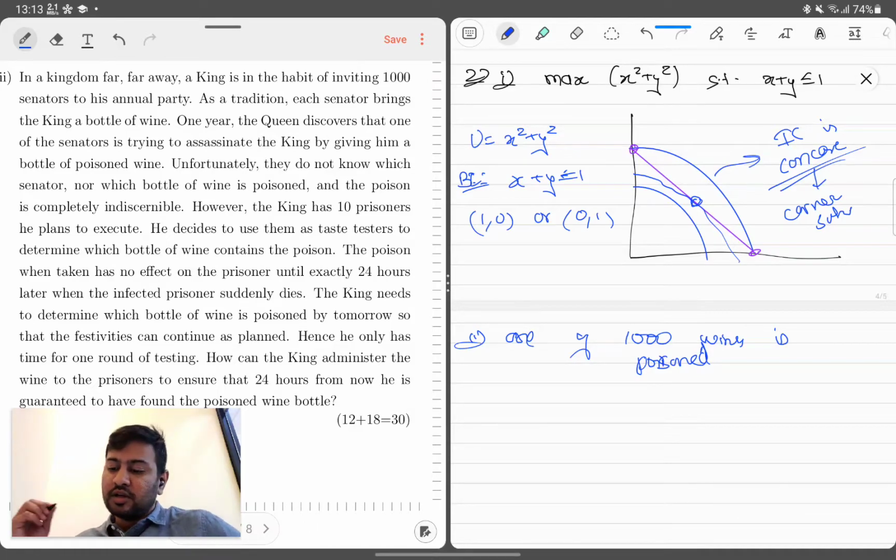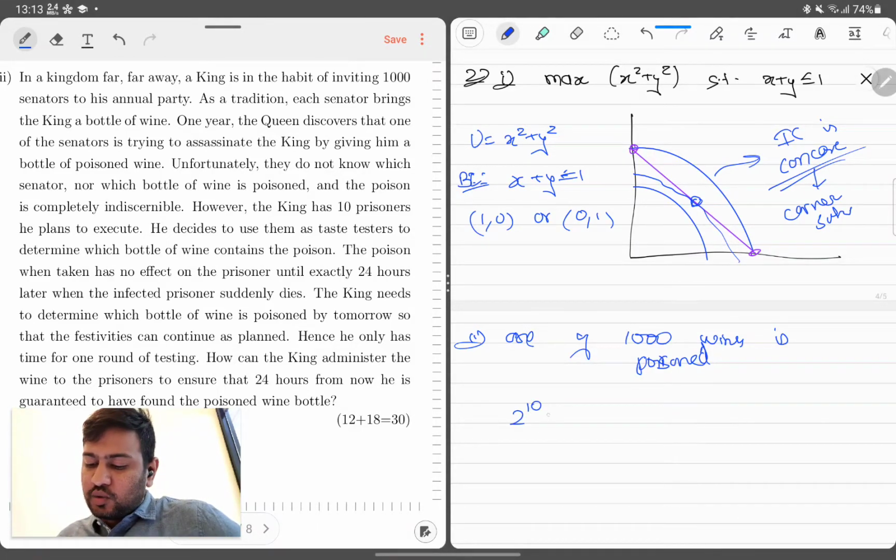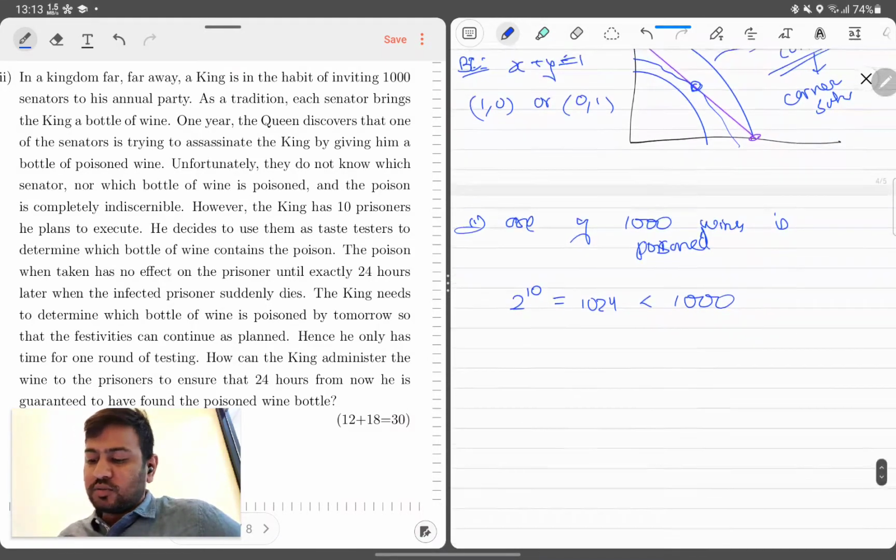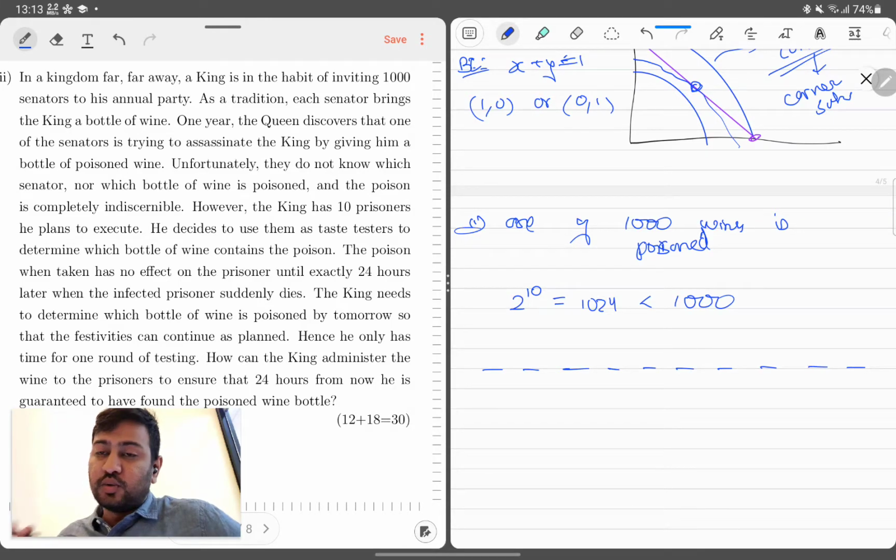So what he wants is some sort of mechanism in which he can figure out which wine is poisoned using these 10 prisoners. So the key here is that 2 to the power 10 equals 1024, which is more than 1000. So what you can do is give a binary code of 10 digits to each and every wine. So suppose wine 1 is 0000000001.